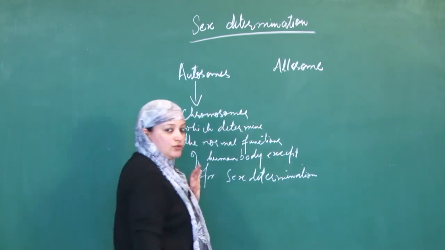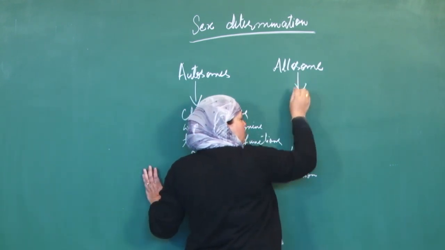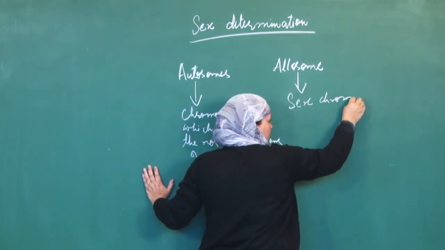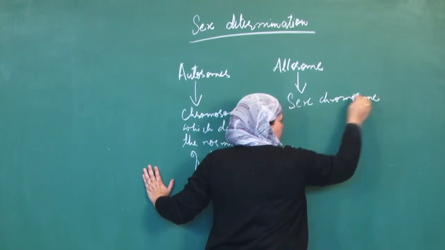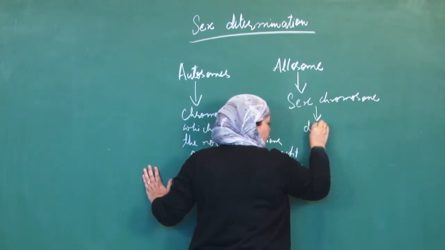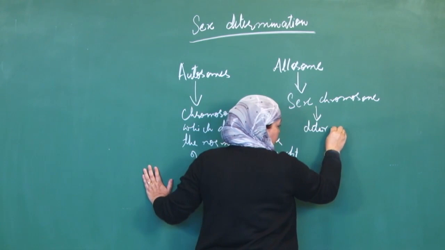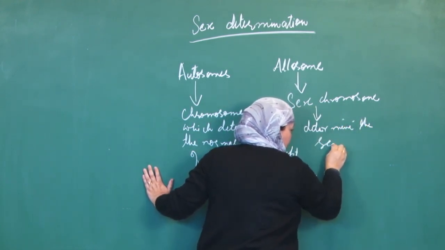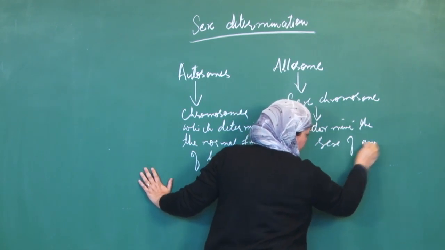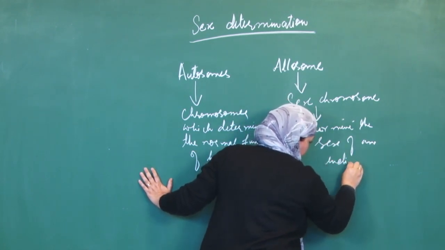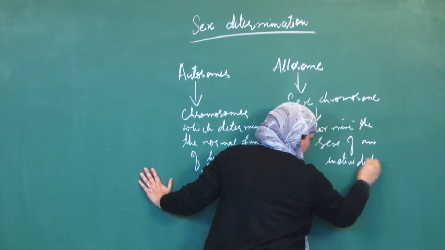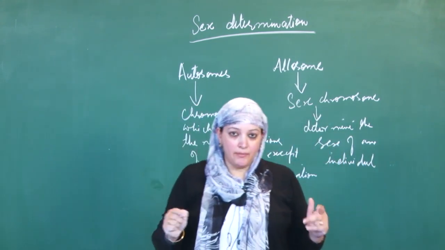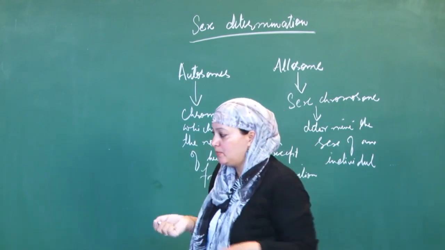And what are allosomes? Allosomes are also called the sex chromosomes, which determine the sex of an individual. How many chromosomes are there in a human body?